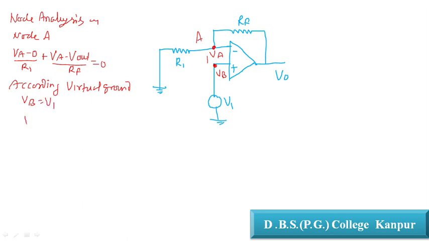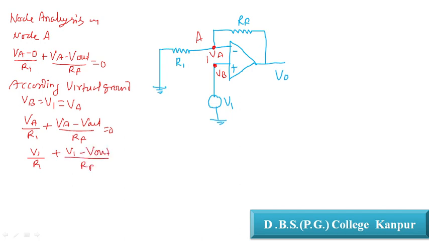So putting this, VA upon R1 plus, this is also the same property according to the grounded property, Vout upon Rf equal to 0. So this is V1 upon R1, plus V1 minus Vout upon Rf equal to 0.